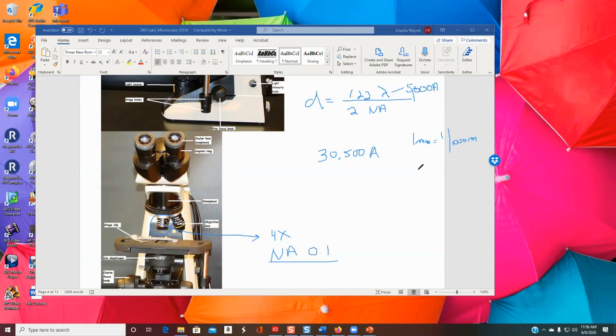Okay. 1 micrometer, and you usually rewrite it like this, equals 1/1000th of a millimeter. At least I'm going slow enough, right?